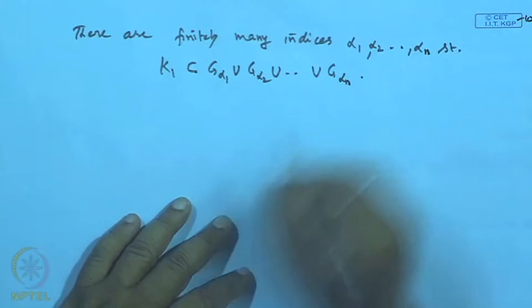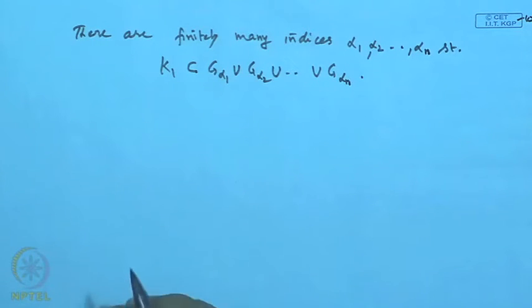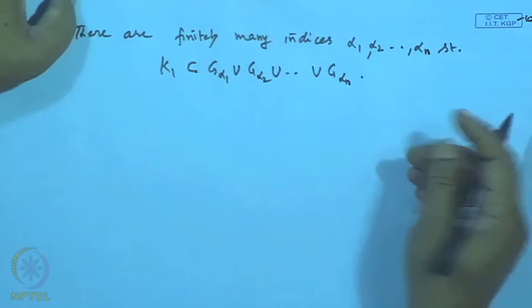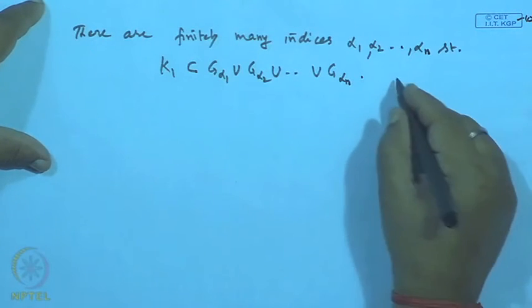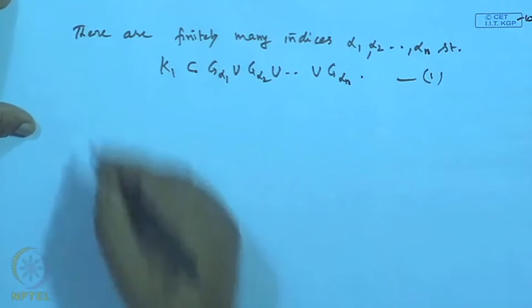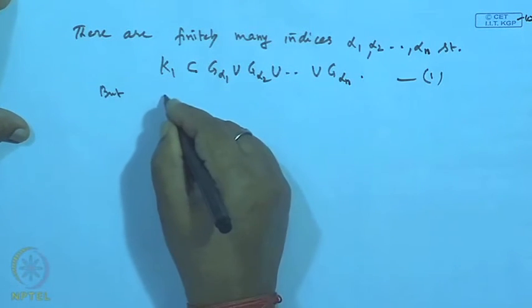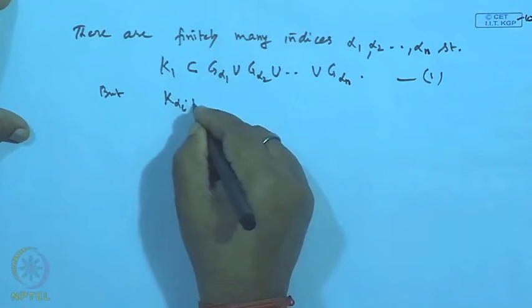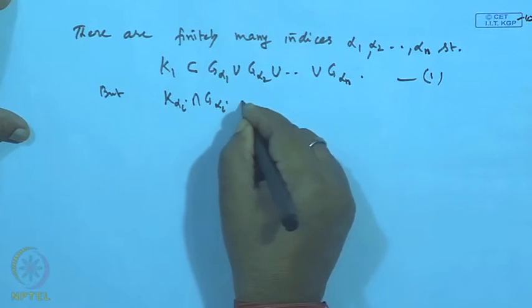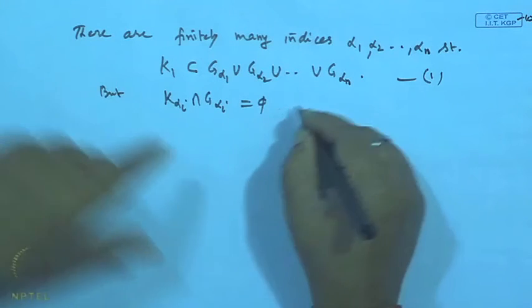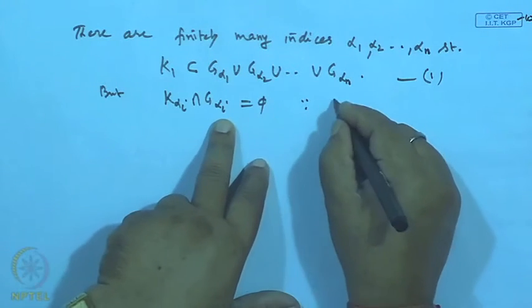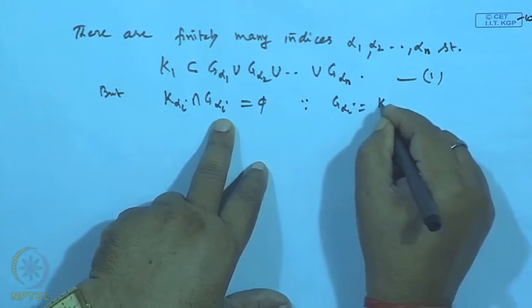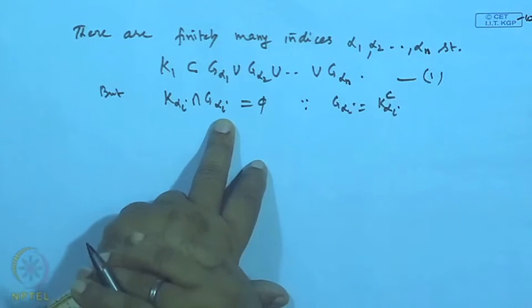Now, K alpha i intersection G alpha i is empty, because G alpha i is taken as the complement of K alpha i.